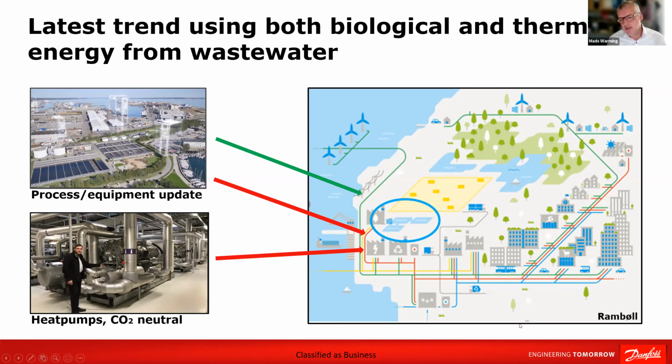It is in fact a picture I have borrowed from Rumble, which says that if you want to make sustainable cities, then your energy network will be based on a tremendous lot of resources. And they have themselves included water and wastewater as a part of the future energy network of a sustainable city.